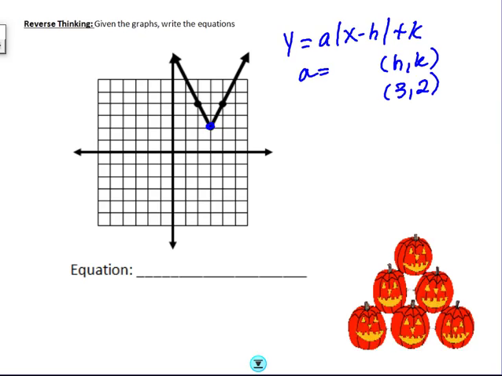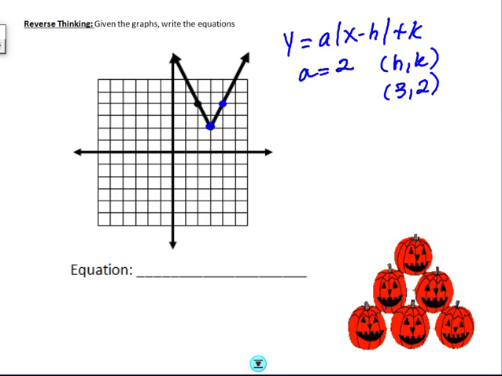Our a, our graph's pointing up, so we know it's positive. Pick a point on the graph, and we get to count slope in this case. So up 2 over 1, which gives us 2. Now we simply have to plug the numbers a, h, and k into the general form. You must have y equals or f of x equals. So 2 absolute value of x minus 3 plus 2. There's the equation.